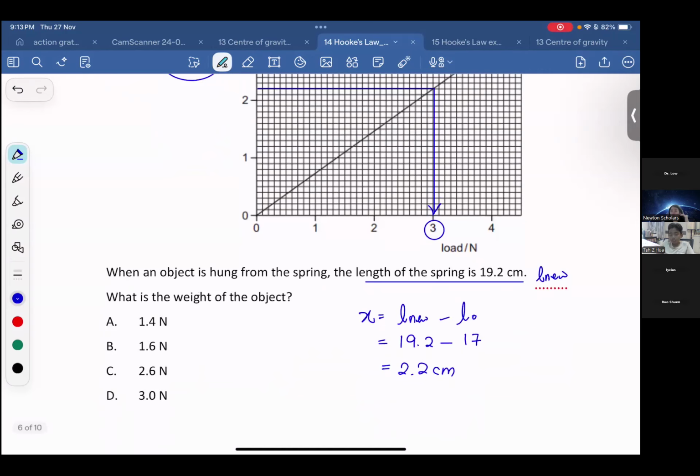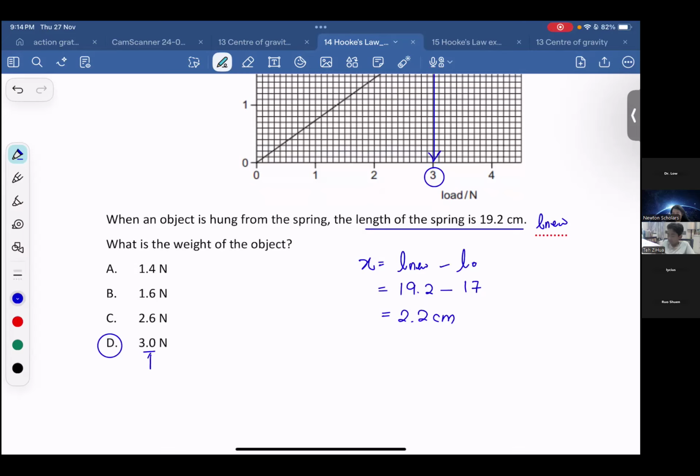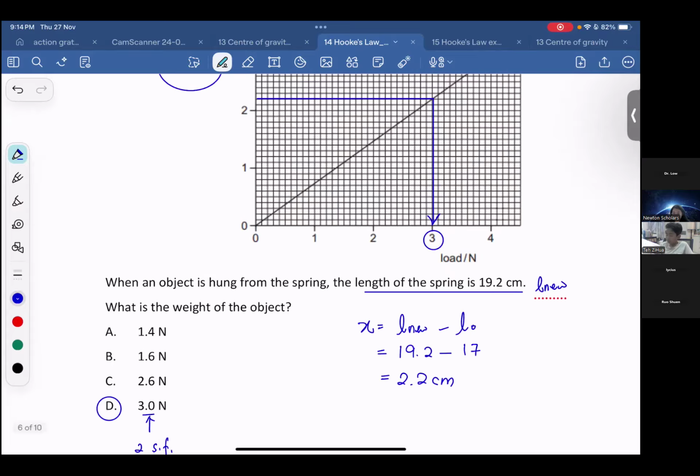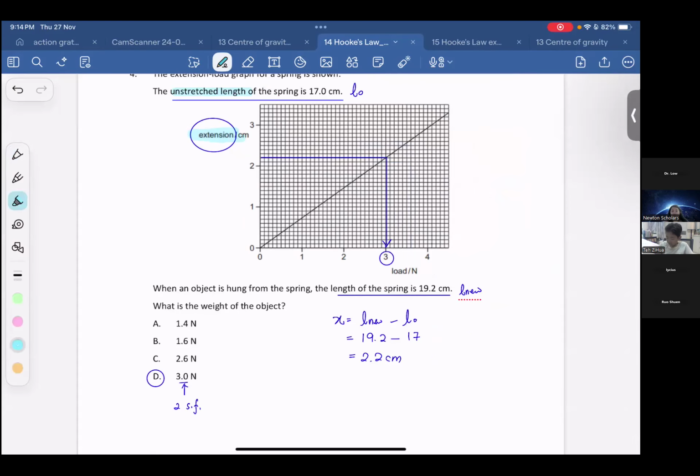You see, the answer is 3.0 Newton, not 3 Newton, because in physics we try to give answers to 2 to 3 significant figures. Because the graph is of extension, we need to find the extension and can only use data from the graph. The answer is D. If no question, we go to page number 7.